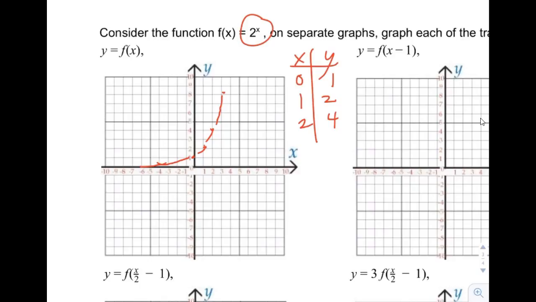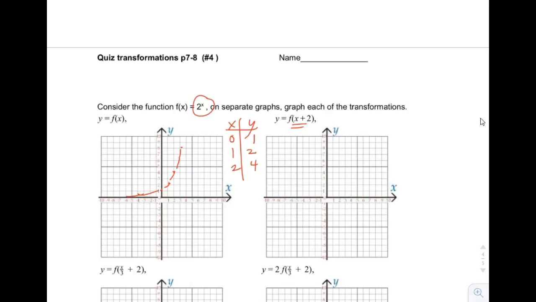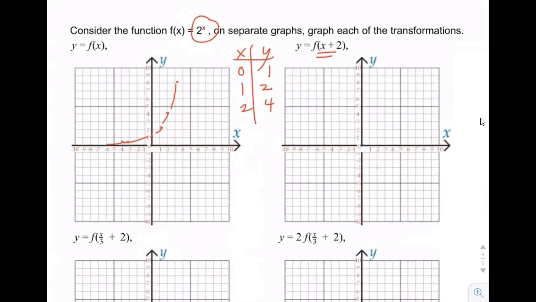Okay, so that's the original function. Now that we have the original function, let's do the first transformation. The first transformation is I'm going to do x plus 2, which when you have x plus 2 inside the parentheses, that means you are translating horizontally to the left, okay? So x plus 2 would be to the left.